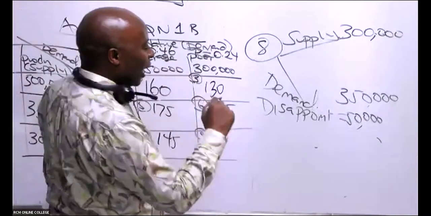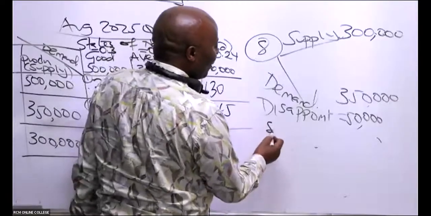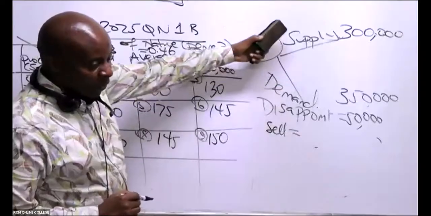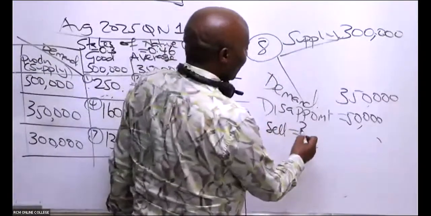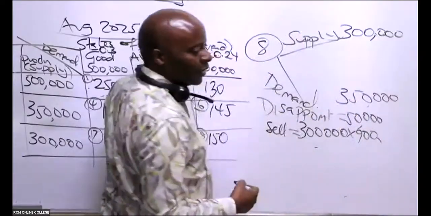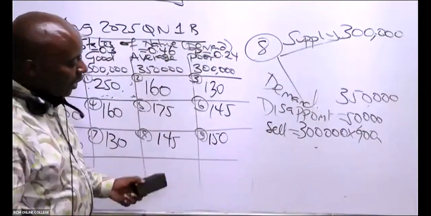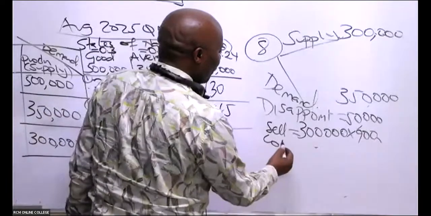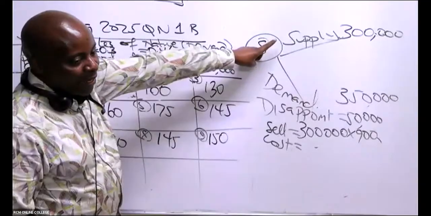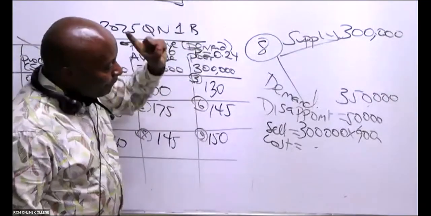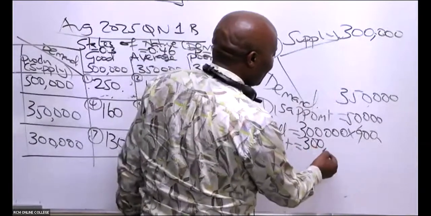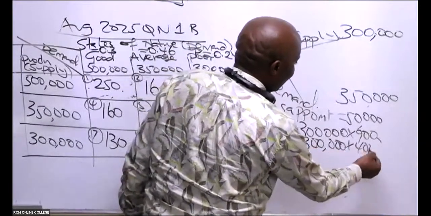Now a small profit statement. So we shall be able to sell how many? In this case, we sell the smaller, isn't it? So we sell 300,000 at the normal price of 900, isn't it? Then now we have two costs. We have the production cost, which is always based on what you supply. So 300,000 times 400.